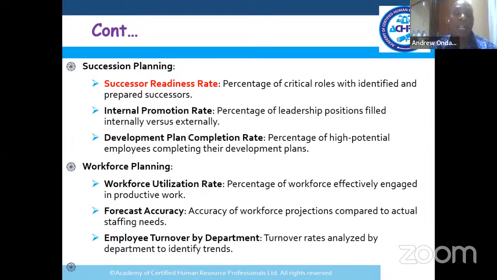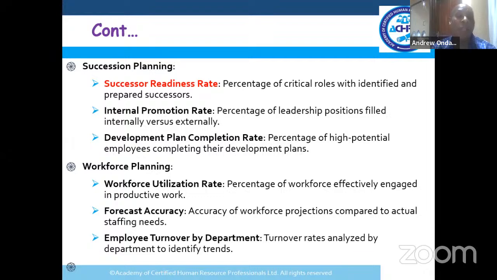On employee turnover by department, we are looking at how many employees are leaving in different departments. As an HR auditor, you are expected to have a checklist of employees who are leaving in all the departments. And you can have a checklist running up to 1 year.